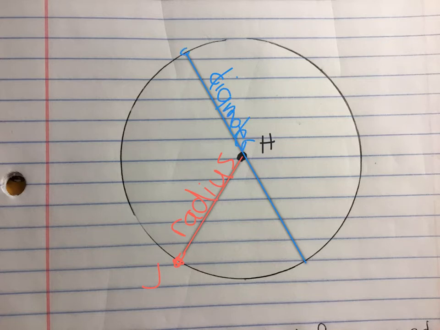And it'll have a point on this end, and it'll have a point on this one. I like L, and I'll put a D. So I'm going to call this diameter DL. If I'm asked to name what's the diameter, it's diameter DL.